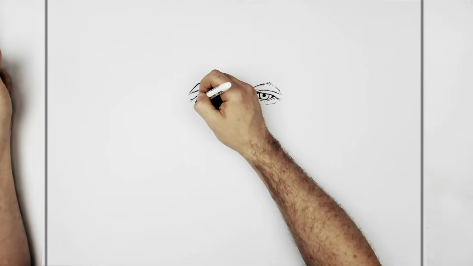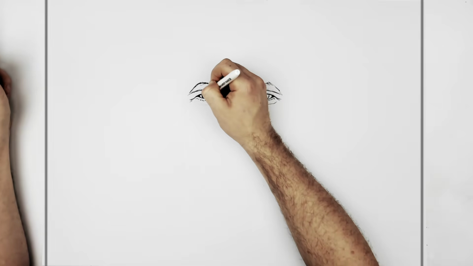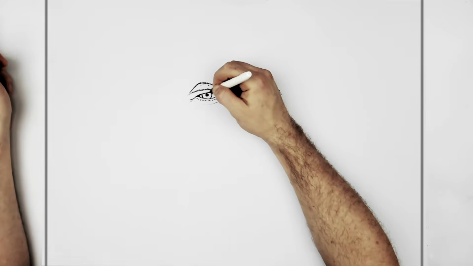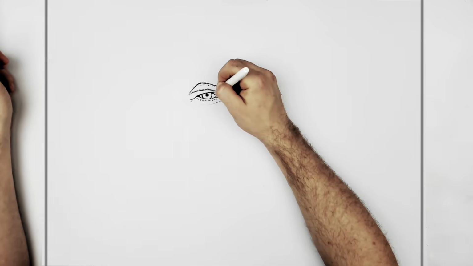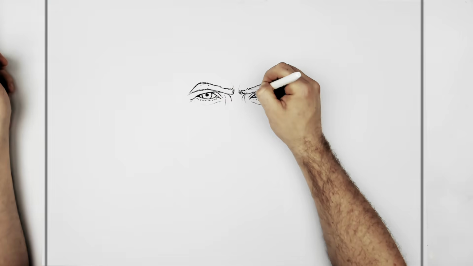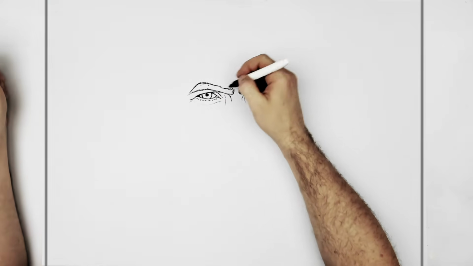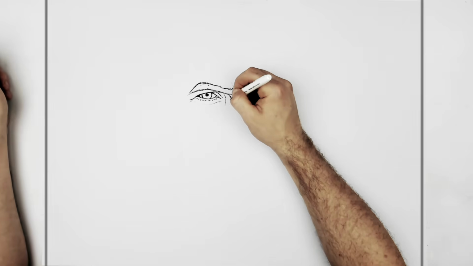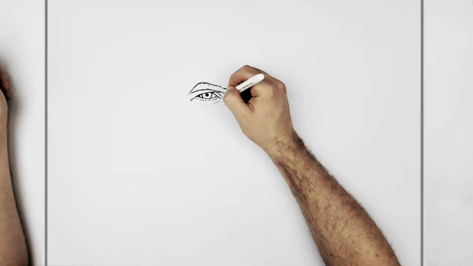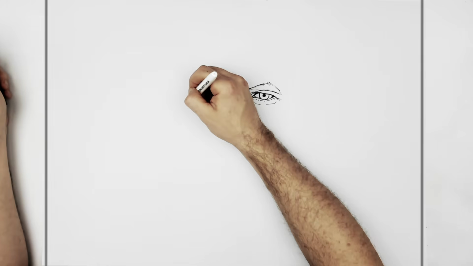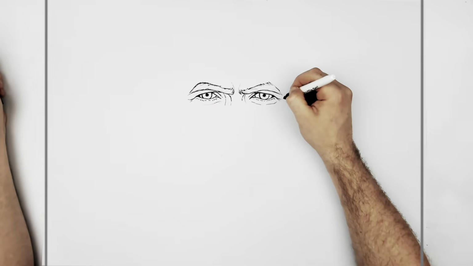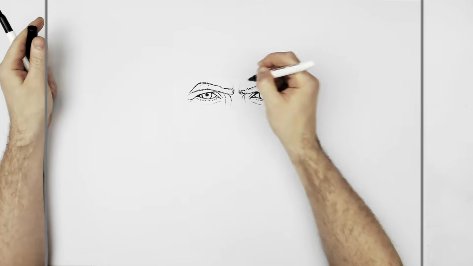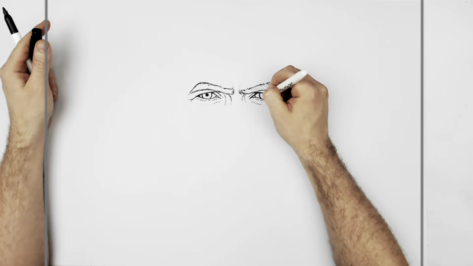And then a bag around his eye, a light little wrinkly. So I think that's what we got for his eyes, basically.